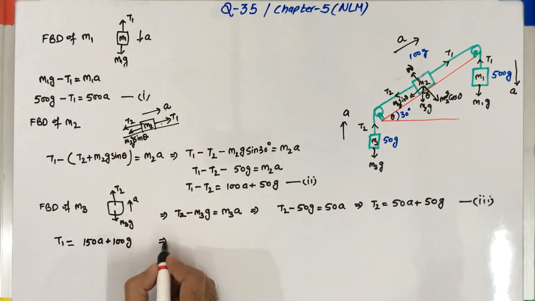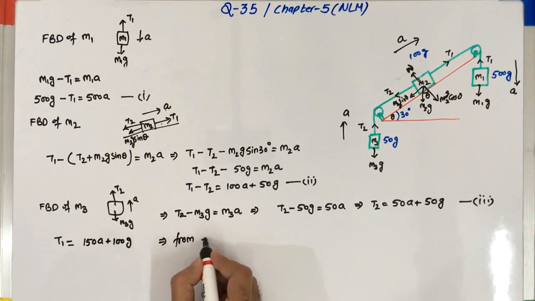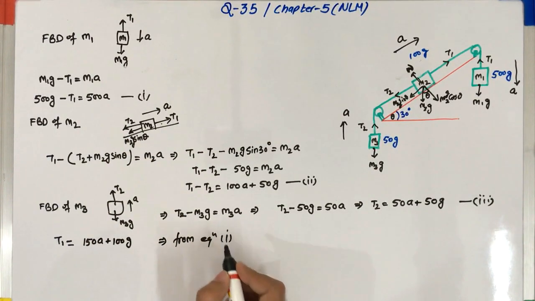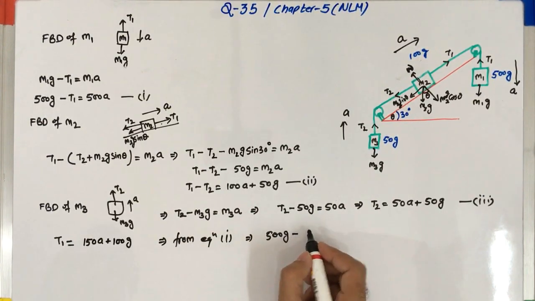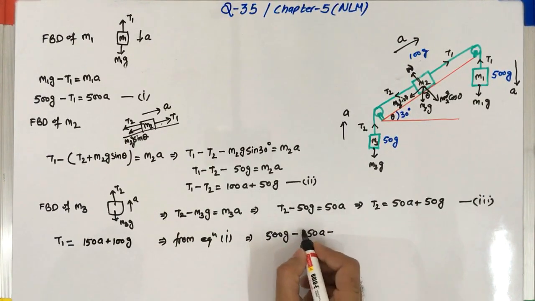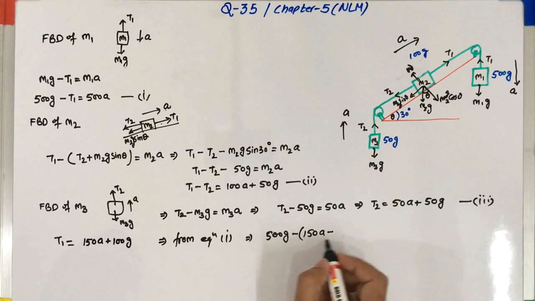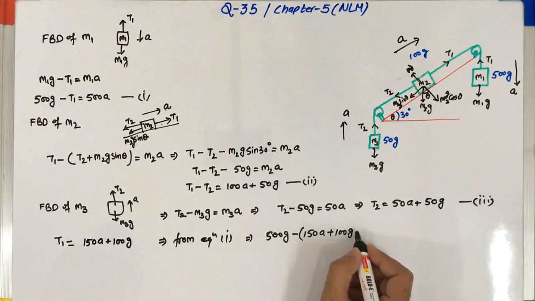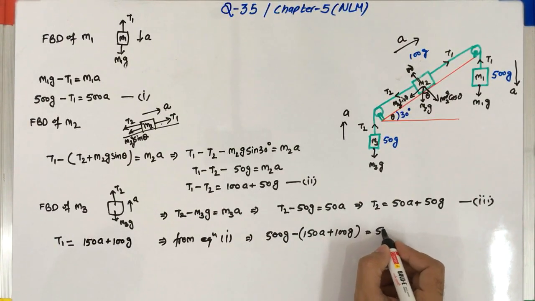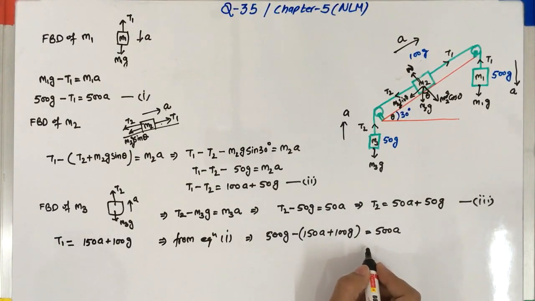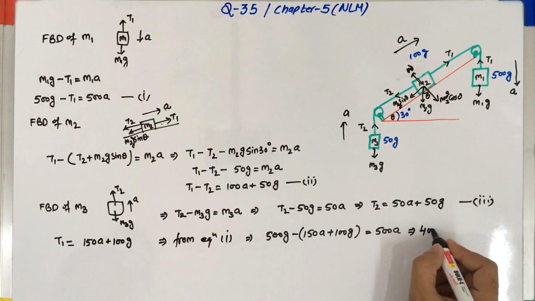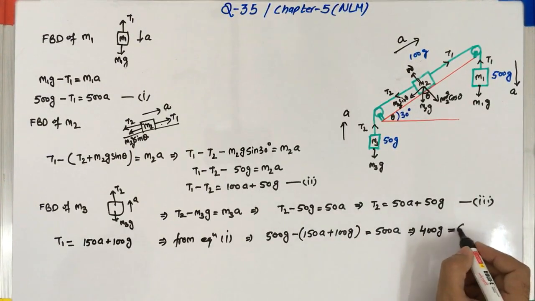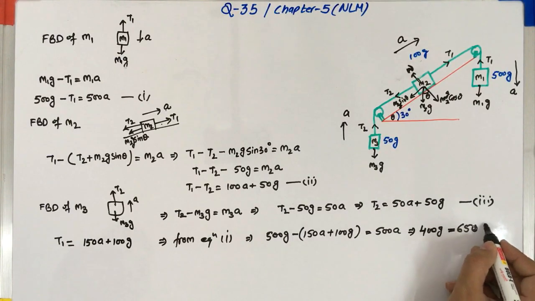Now we can put this value of T1 in equation number 1. From equation 1, 500G minus T1, that is 150A plus 100G in brackets, equals 500A. Solving it, this becomes 400G equals 650A.